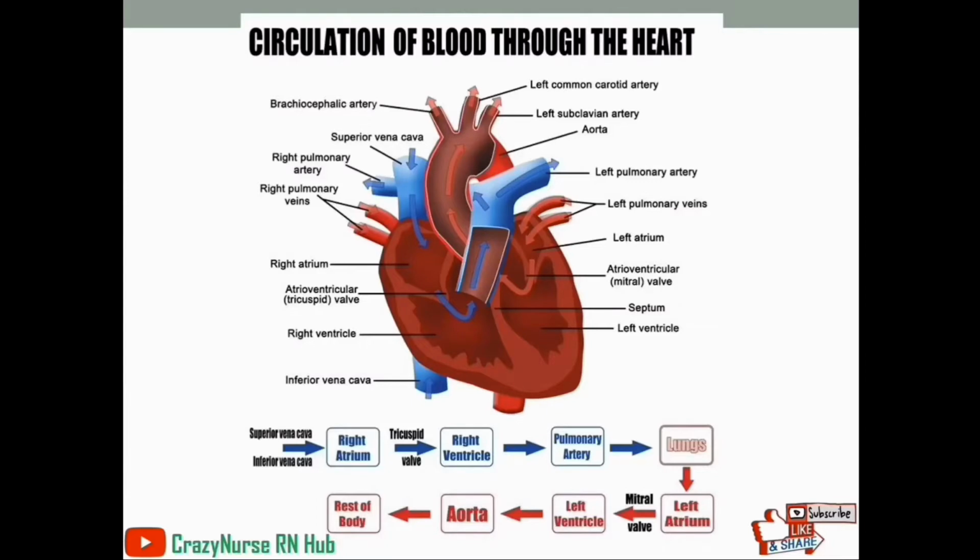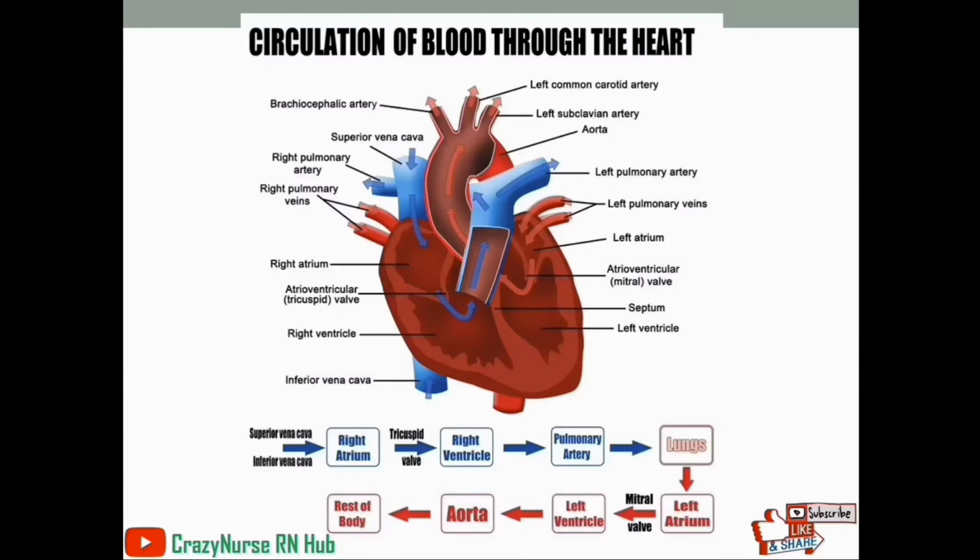Then the oxygenated blood will go to your left atrium, to your mitral valve, then to your left ventricle, then to the aorta, and it will be distributed to the rest of the body. And that is the circulation of your blood through the heart. So this is your systemic circulation.